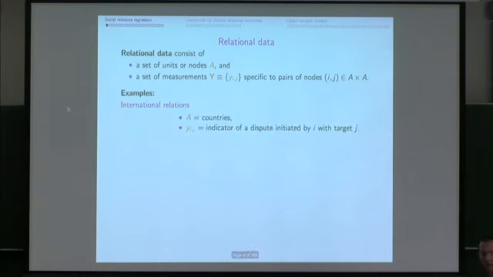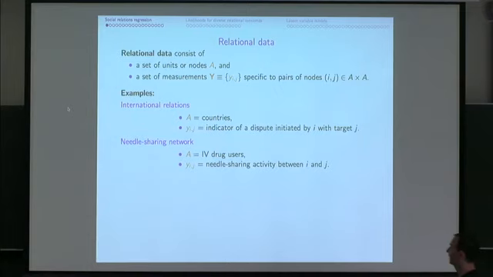Some examples are international relations data, where we have a set of countries, and Yij is some sort of measurement between pairs of countries, such as an indicator of a militarized dispute or the amount of trade between two countries in a given time period. There are other networks, social networks.